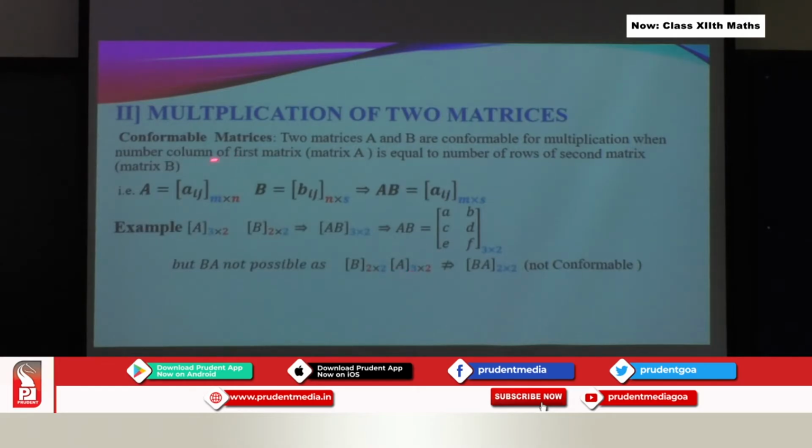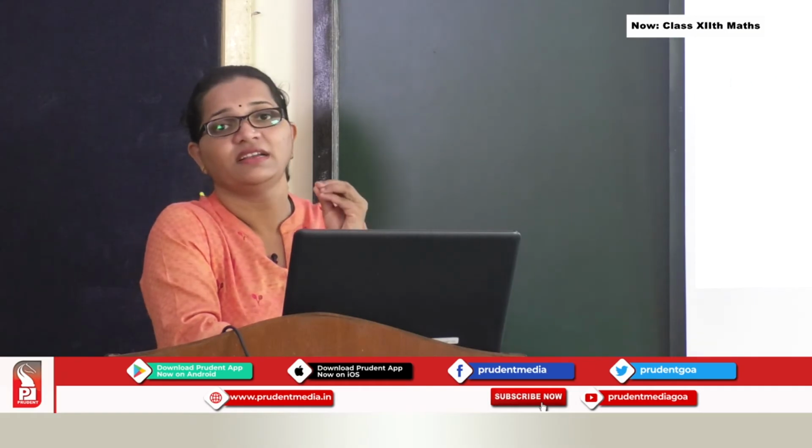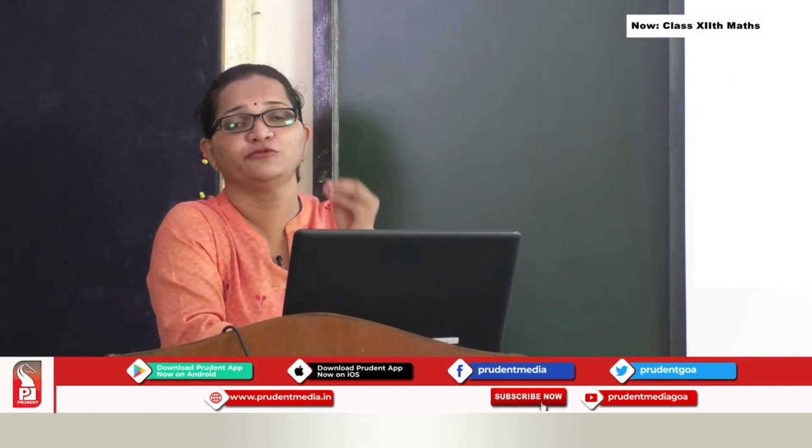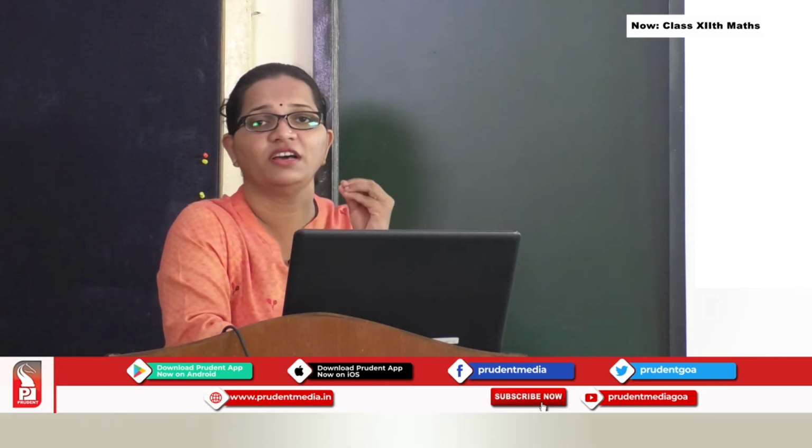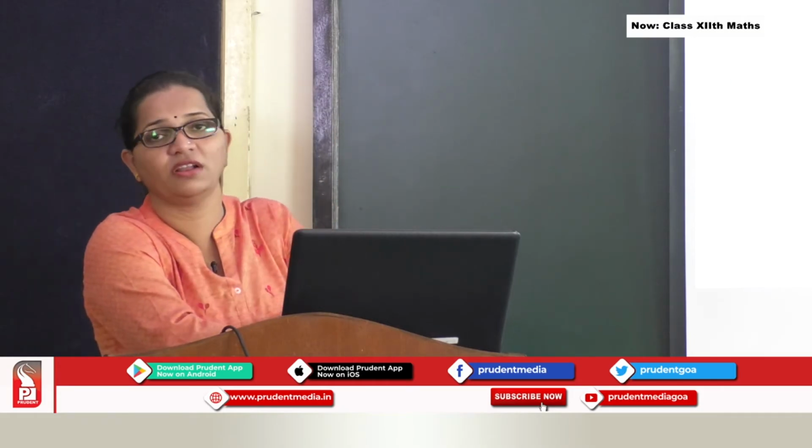So the number of columns of the first matrix is not equal to the number of rows of the second matrix, and hence B into A is not possible. Why? Because these two matrices are not conformable for matrix multiplication. So this test is like a litmus paper test to check whether the given multiplication is possible or not.